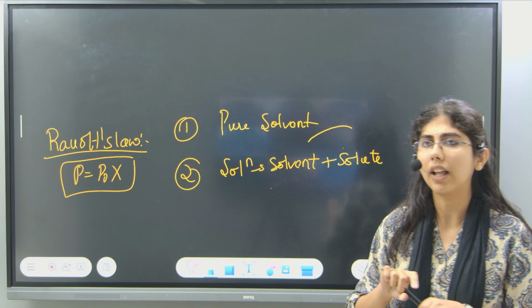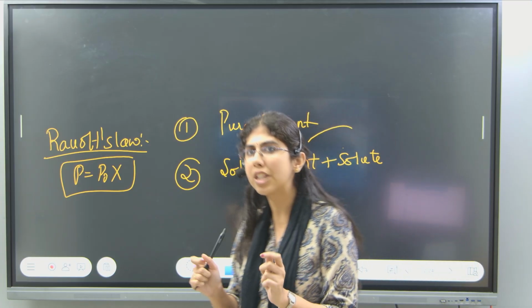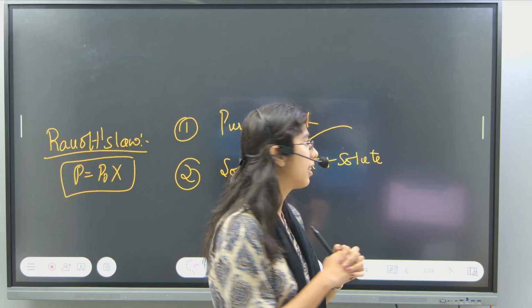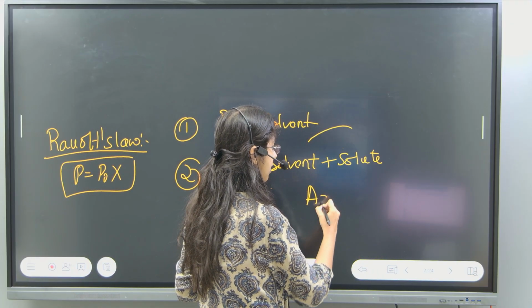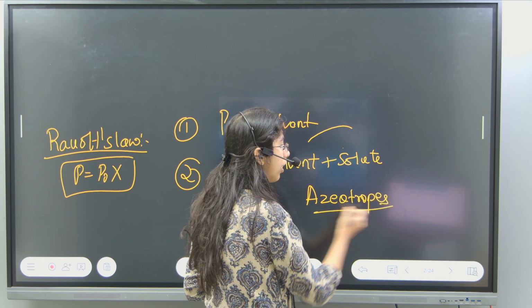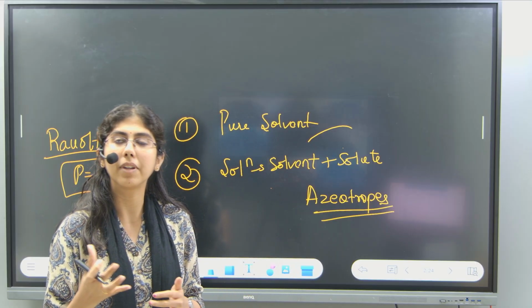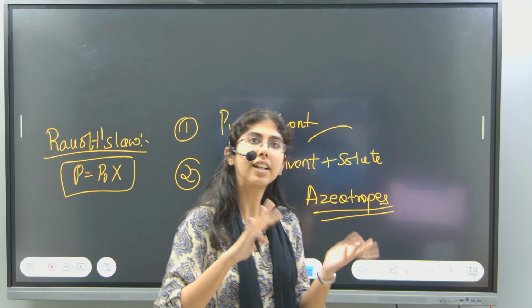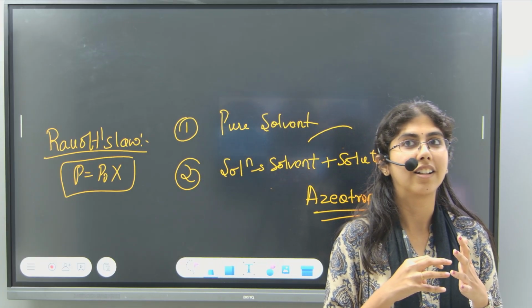Now, when I speak about azeotropes, what do you mean by azeotropes? Commonly, what do we call them? Constant boiling mixture. Now, are azeotropes made up of ideal or non-ideal solution? Non-ideal.